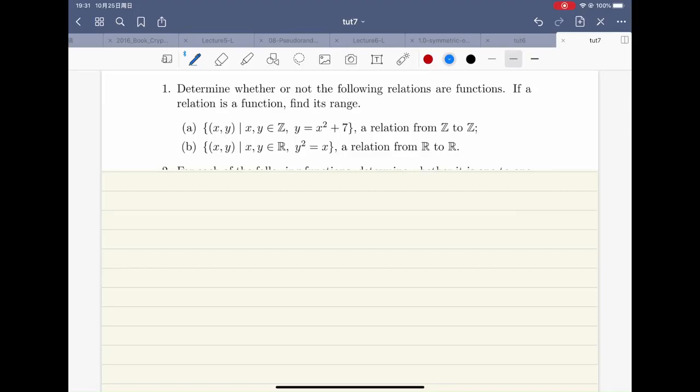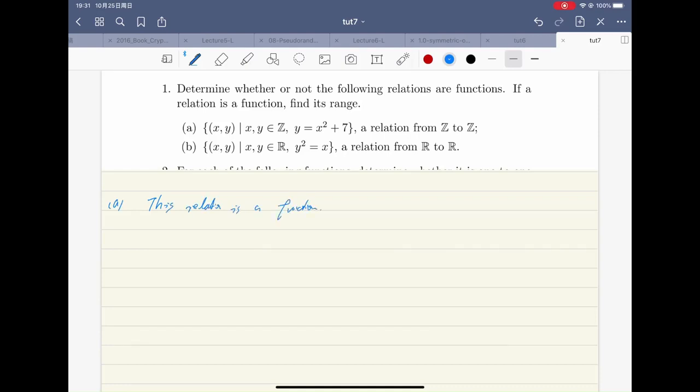Why? Because whatever value you choose for x from the integer set, you get a unique y in the integer set. So this relation is a function.